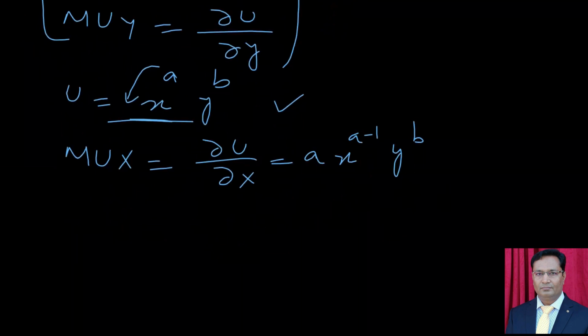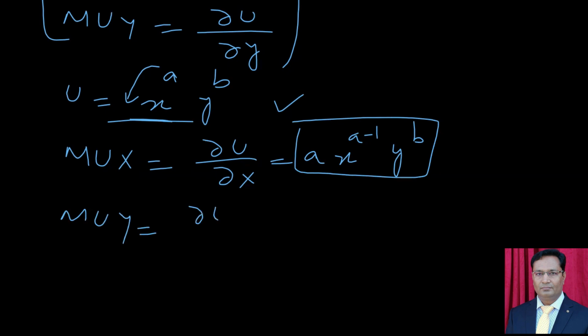This is marginal utility of x. And now I have to find marginal utility of y from the given function. So I will have to take the first derivative of utility with respect to y. And as a basic principle, I will have to bring the power of y down.